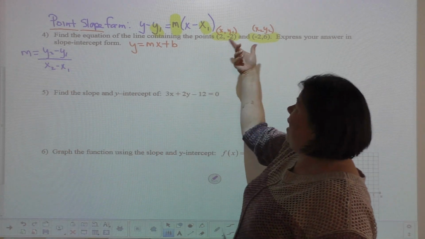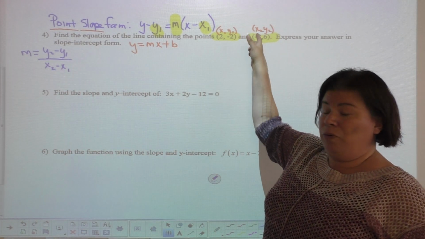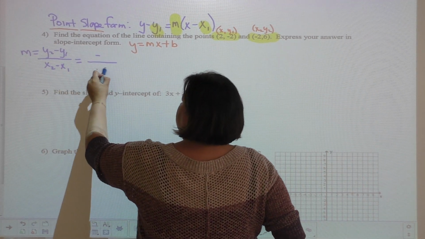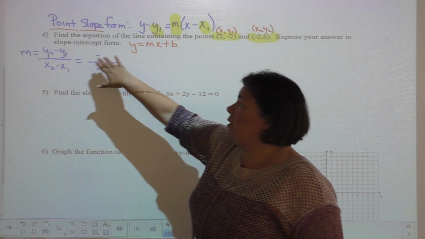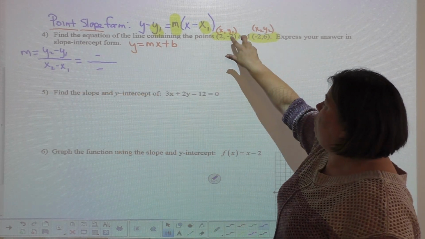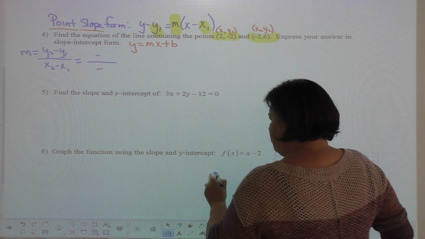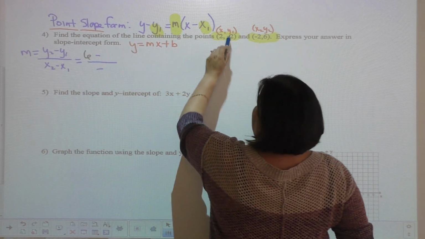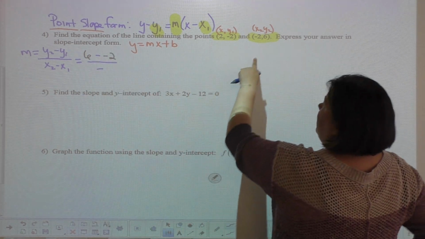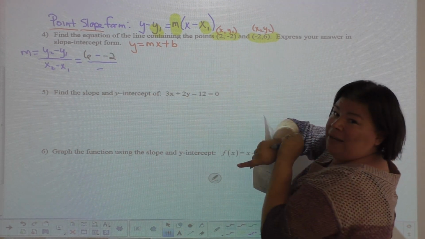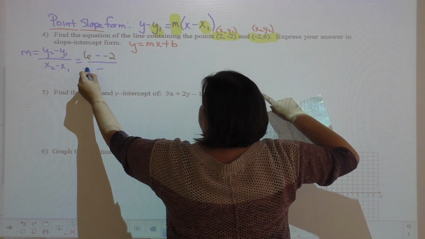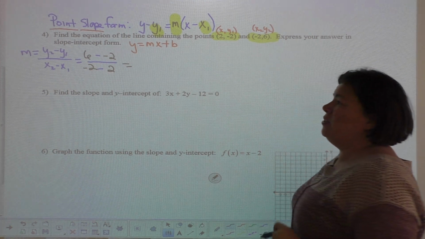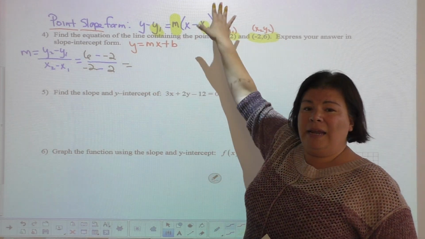So I'm going to calculate the slope given these 2 points. I like to say use your outer shell. Now I'm going to take my y values and subtract them, so I have 6 and negative 2. My change of x values, I'm going to grab my x values, negative 2 and positive 2.